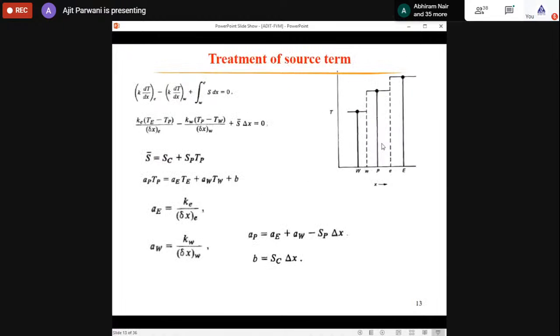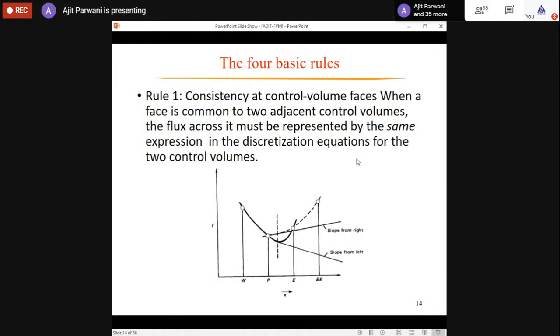So when will it become different? It will become different if we choose different profile functions for the temperature in the 2 control volumes. Suppose for the E control volume I choose the profile function like this, and for the P control volume I choose the profile function like this. Now at the surface E you will see there are 2 temperature values, and therefore 2 temperature gradients.